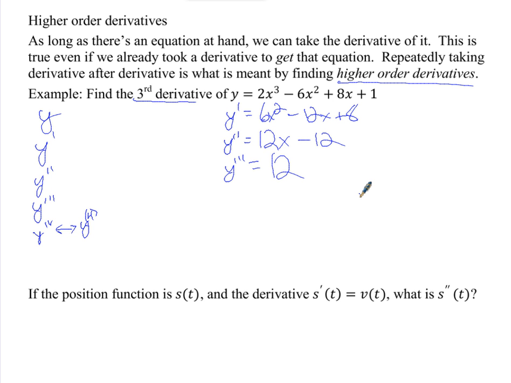If the position function is s of t, we talked about position and velocity. And the derivative s prime of t is equal to the velocity. Then what is s double prime of t going to be equal to? V prime. That's right. So s double prime of t equals v prime of t, which is what? Think back to physics. You have position, you have velocity.